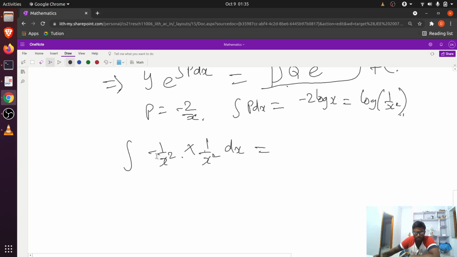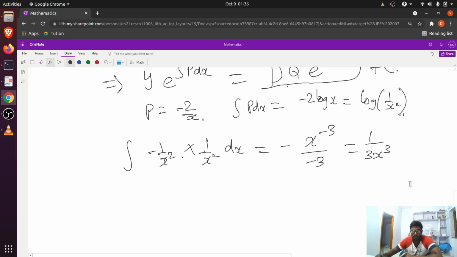It's nothing but negative of 1 by x to the power 4. So we want to find the integral of x to the power minus 4. That is x to the power minus 3 divided by negative 3. So we will get 1 by 3x cube.